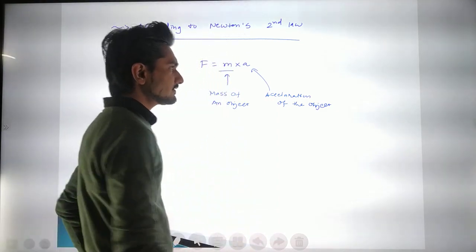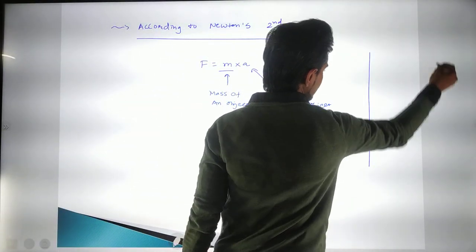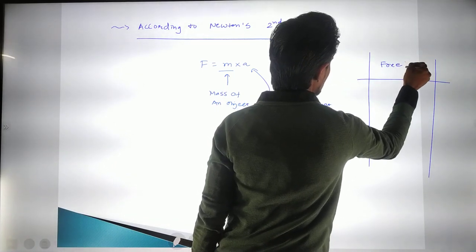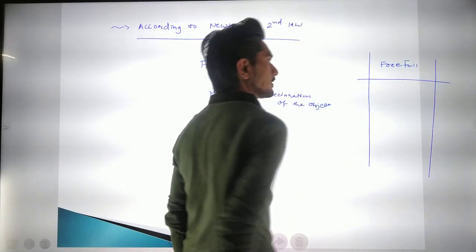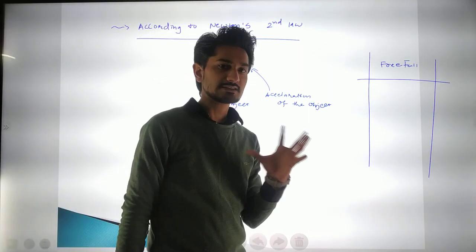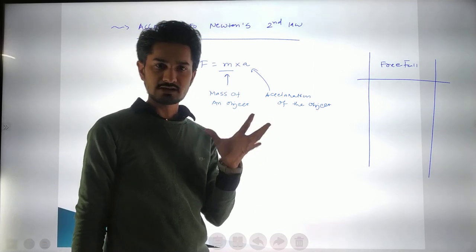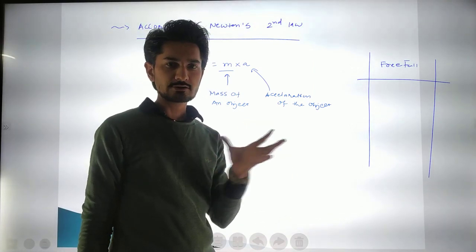But in the free fall concept, the first thing we understood is what happens when we throw two objects with different masses.